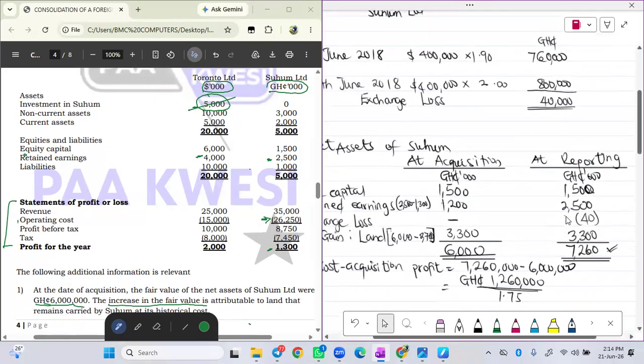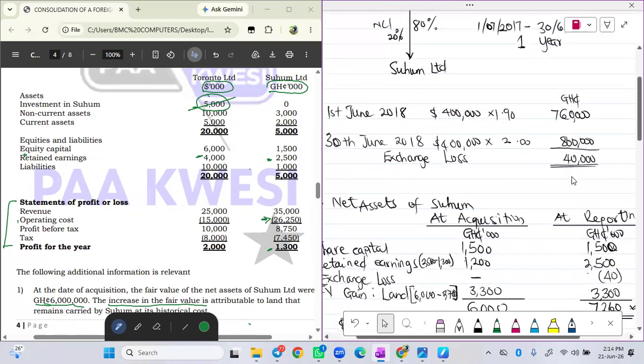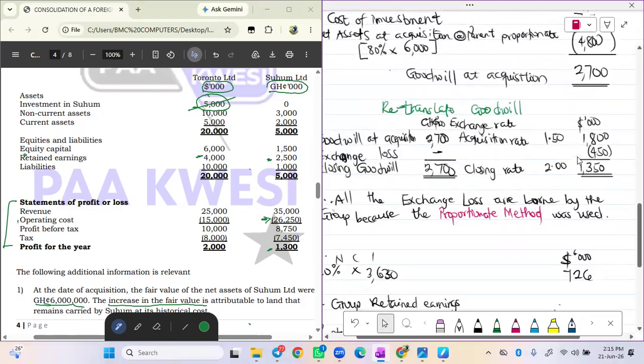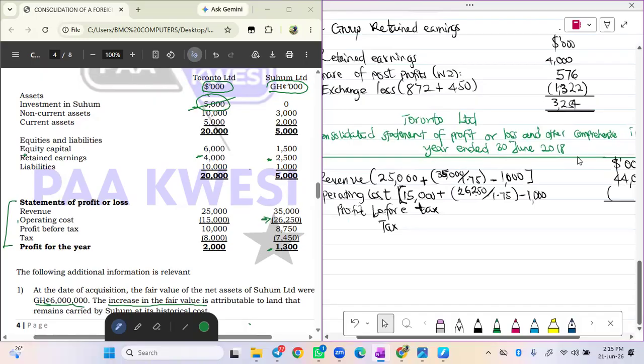The loan that was given to the subsidiary gave them a 40,000 loss that we deducted from their assets. This 40,000 was in cedis. Because it is a loss to the subsidiary, it will be a loss to the group as well. So you have to add it back, because it occurred as a result of that intragroup loan. So plus 40. But that one was in cedis, so you retranslate it to dollars.